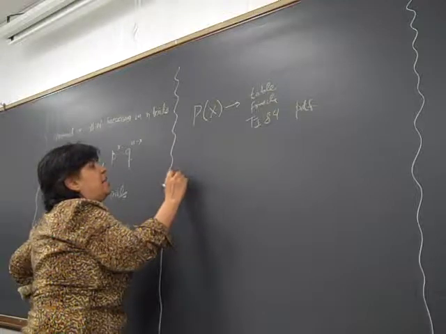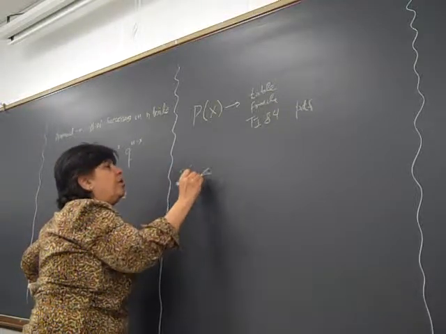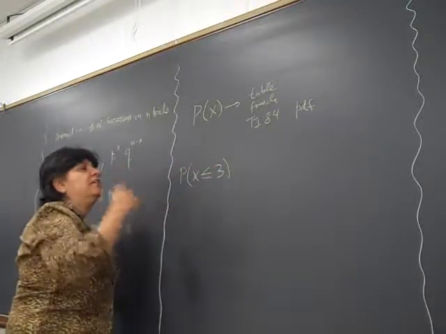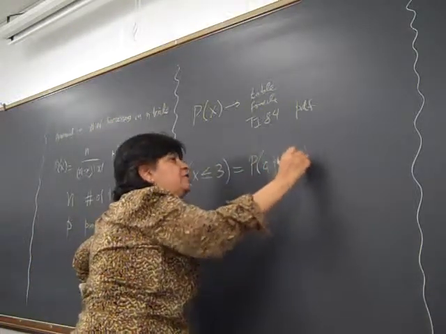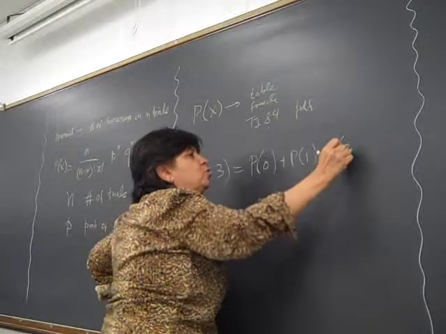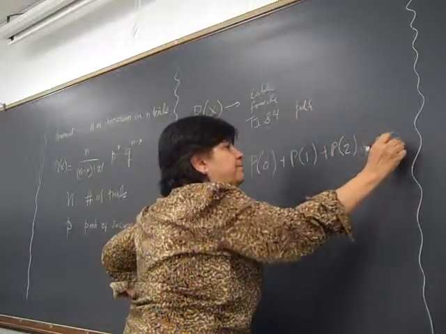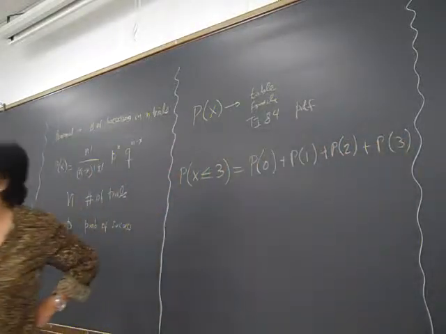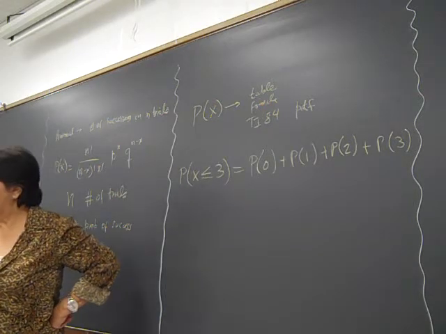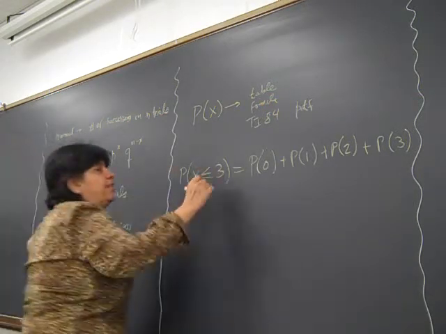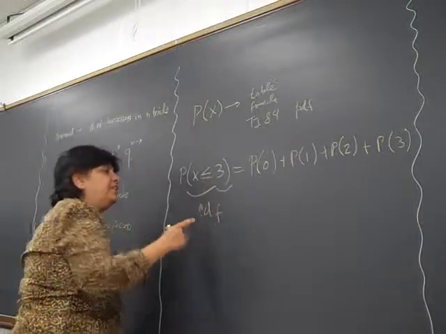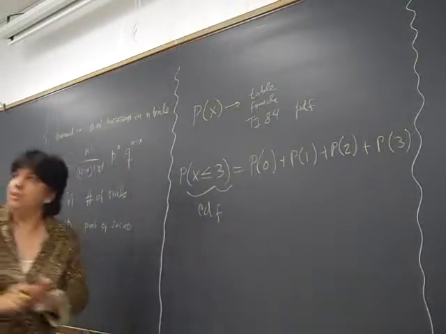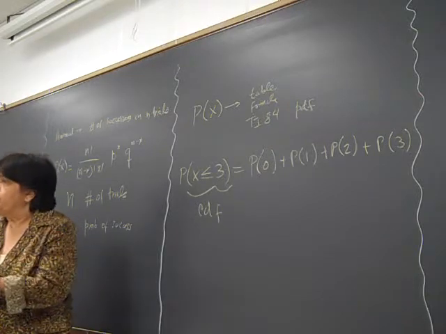Now, let's say the probability that x is less than or equal to 3. That's equal to the probability of 0 plus the probability of 1 plus the probability of 2 plus the probability of 3. Okay? Or this probability is given by the CDF, the cumulative distribution function in your TI-84.